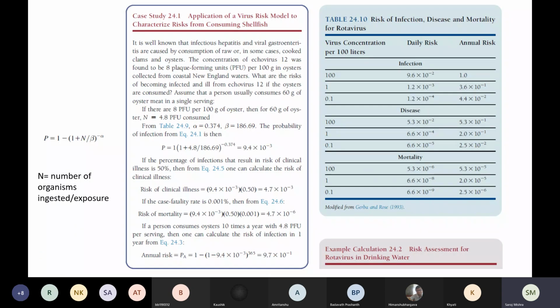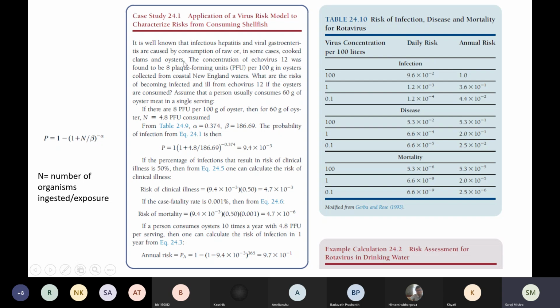Okay, so now, based on what I discussed, here is just an example which will allow you to understand this very well. I'm going to read it out with you: both hepatitis and viral gastroenteritis are caused by consumption of raw or cooked clams as well as oysters.